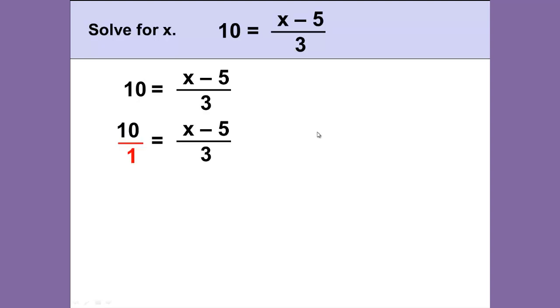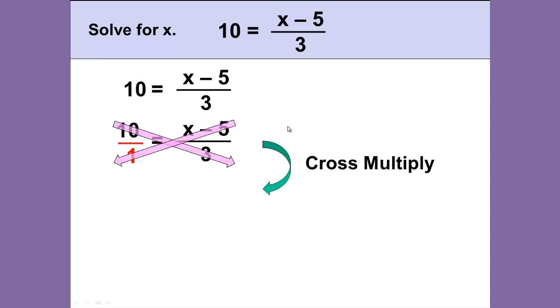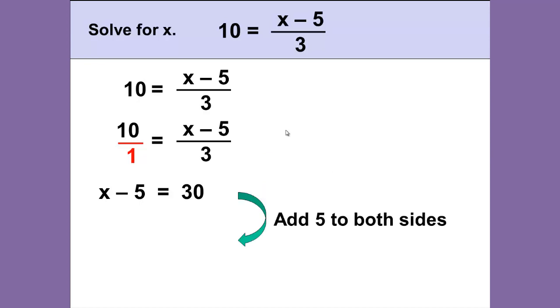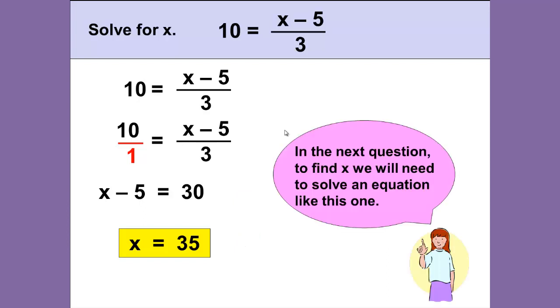The first thing we would do is to place 10 over 1, and then we could cross multiply, multiplying the 10 by the 3 and the x minus 5 by the 1. That would give us x minus 5 equaling 30. Then we would add 5 to both sides and get x equals 35. In the next question, to find x, we will need to solve an equation like this one.